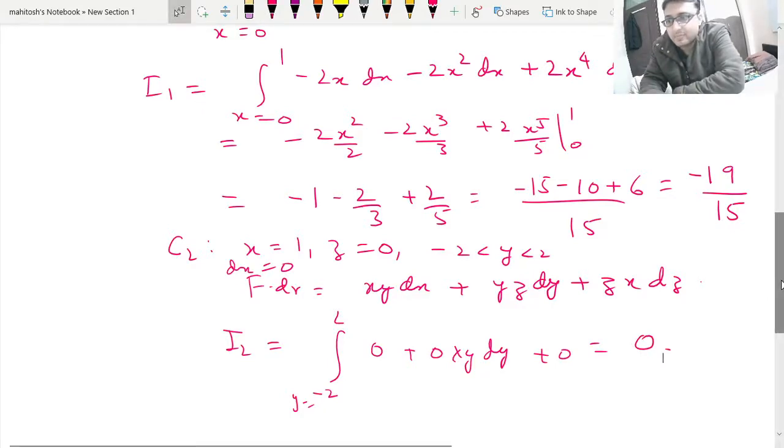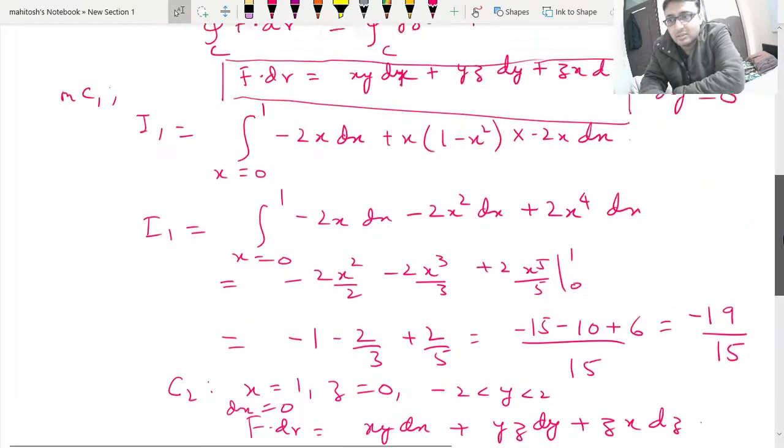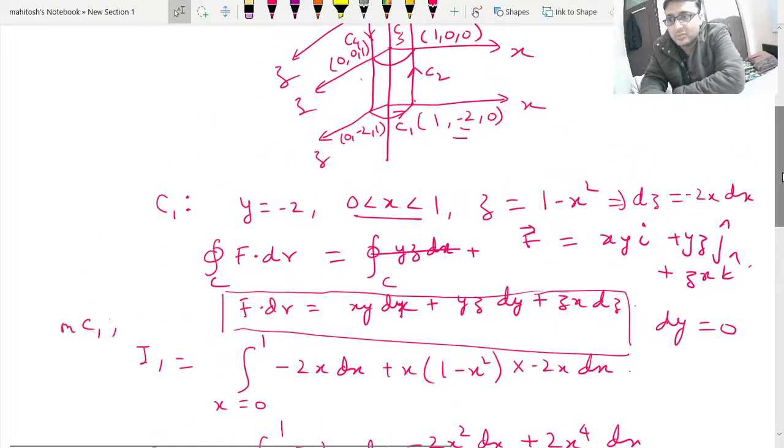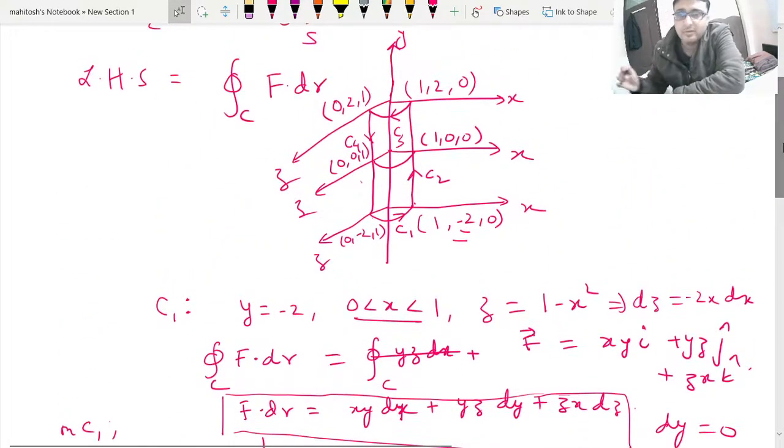Similarly, I will think about my C3. You can see over here from the figure itself, this is your C3.